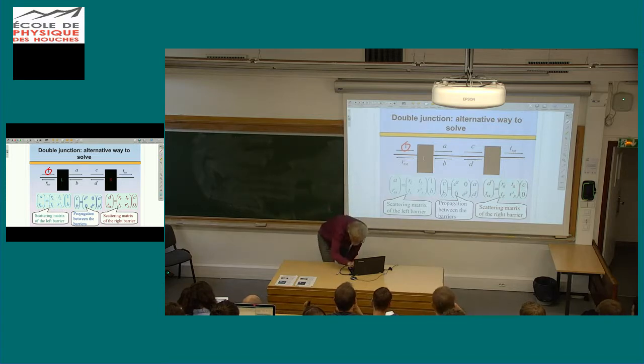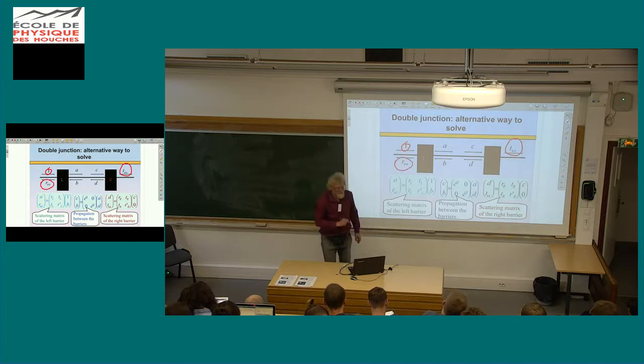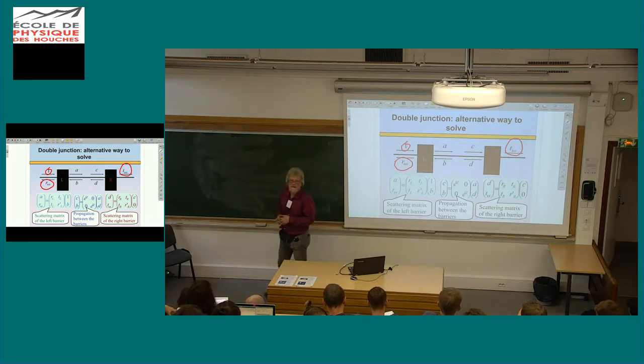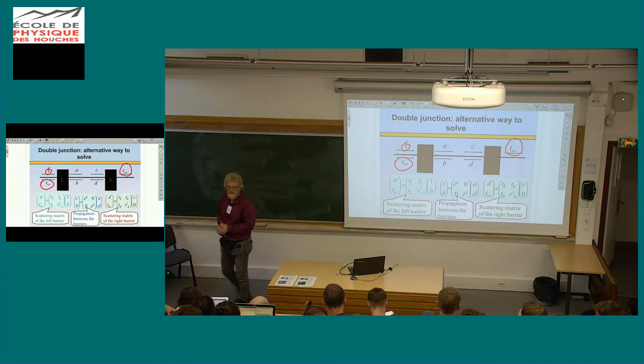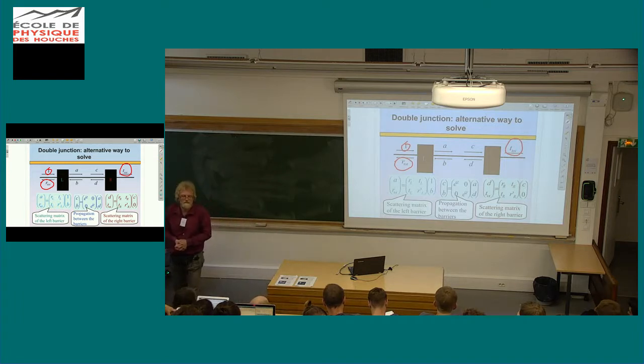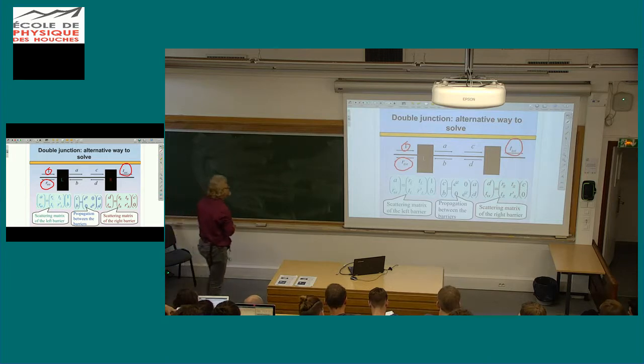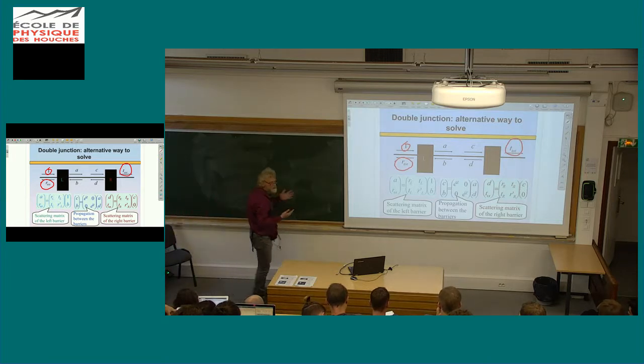I want to understand what's transmission coefficient. I also have reflection amplitude. But I also have wave function in the middle between two scatterers. So by these letters A, C, B, D, I noted amplitudes for two directions of propagation.